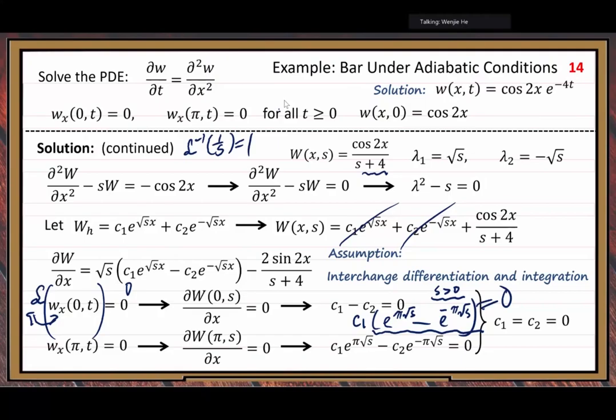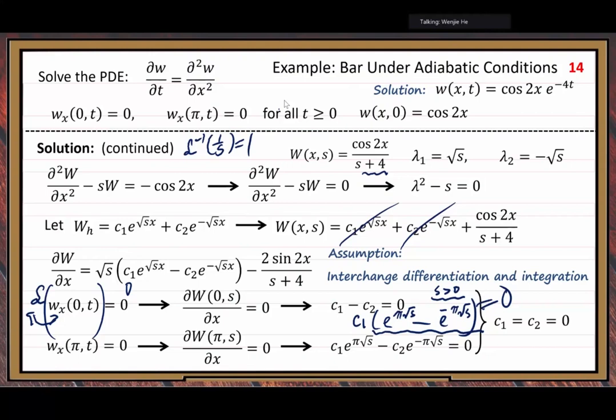That's the t part. The cosine x part, x is constant, so you treat cosine of 2x as a constant and just copy that part. So now you can see the final solution is this function.